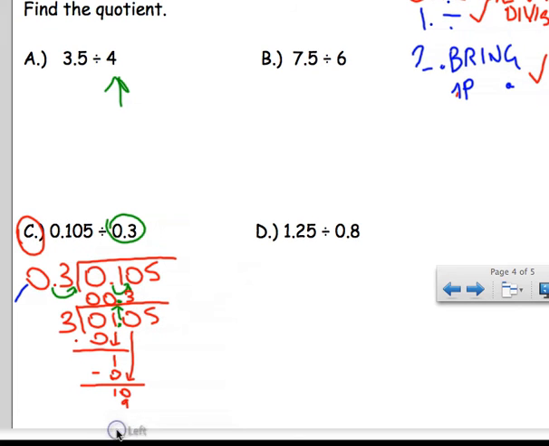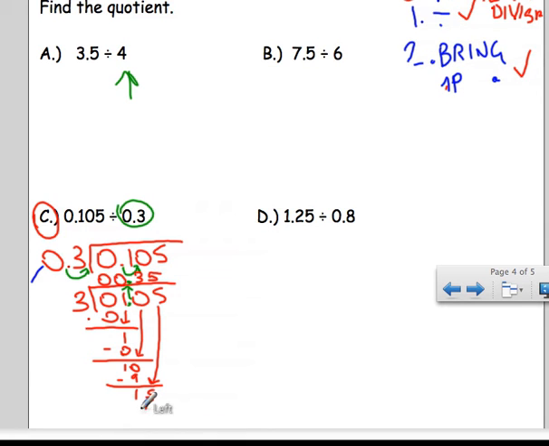That's 9. So I bring down the 5. And 3 goes into 15 5 times. When I subtract, I have nothing left over. So my answer is 35 hundredths.